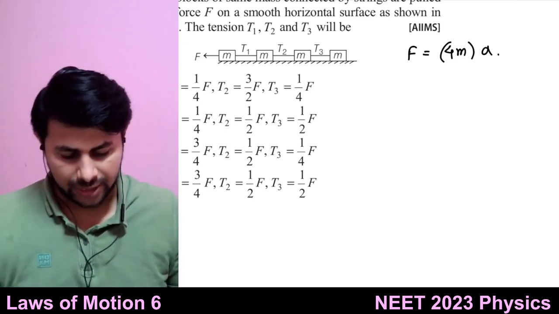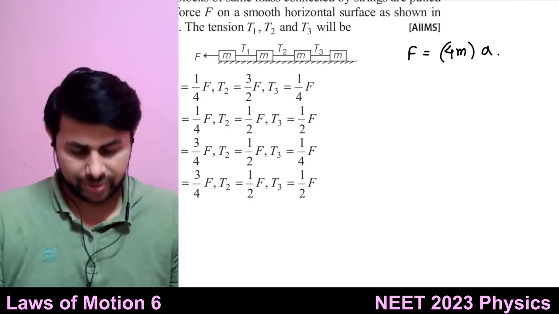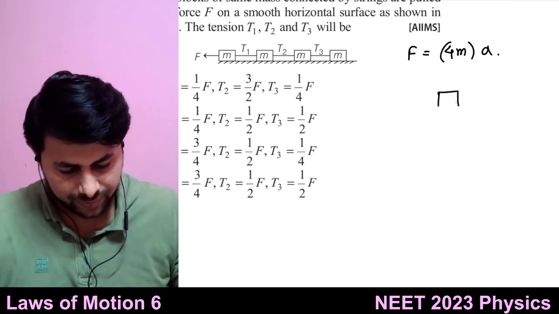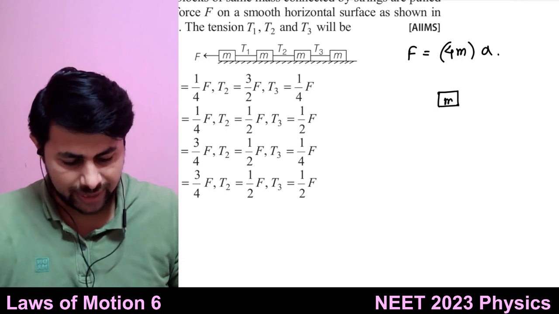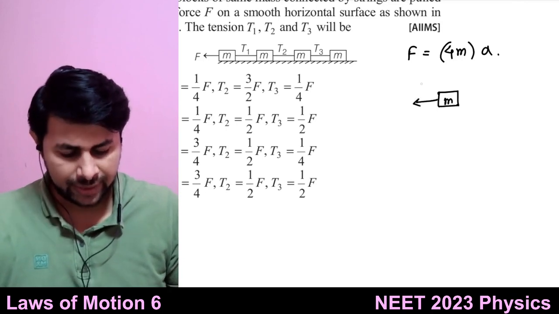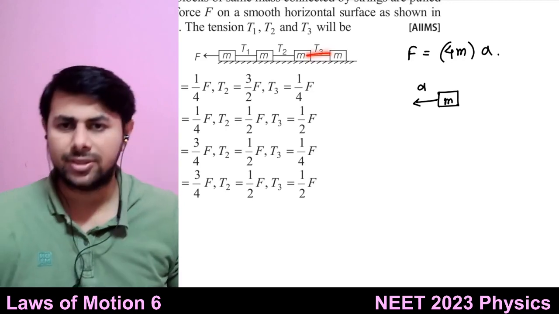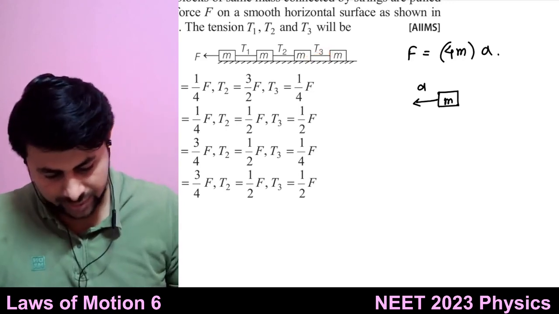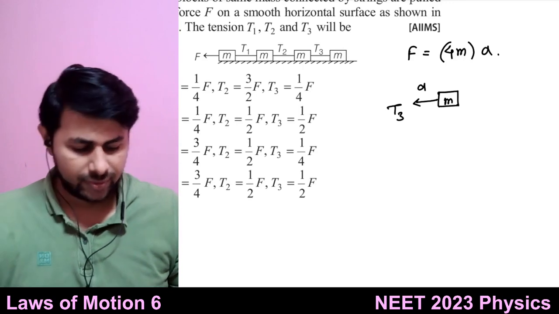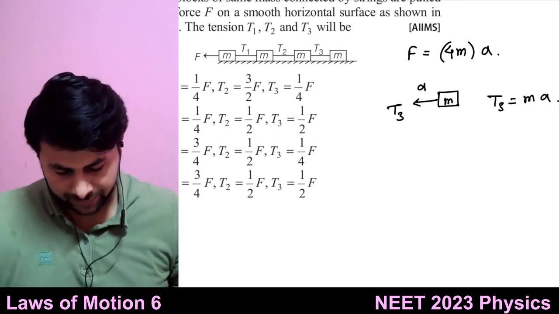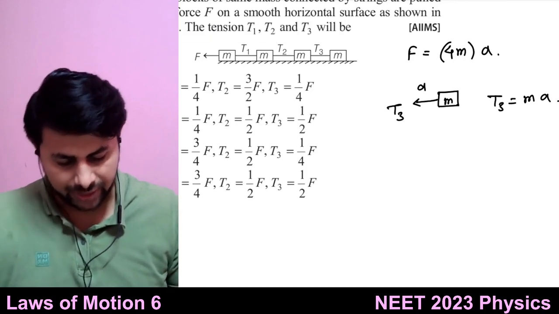Now you can start drawing the free body diagrams. If I talk about this last mass, this mass is m and acceleration is a. The tension acting on this mass is T3. So T3 is equal to m multiplied by a. So how much is it in comparison with this force?